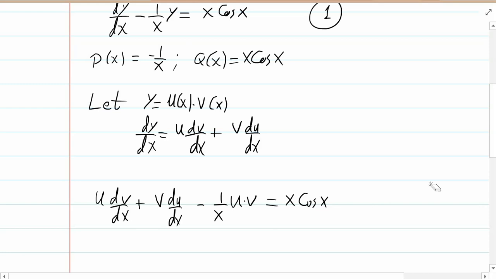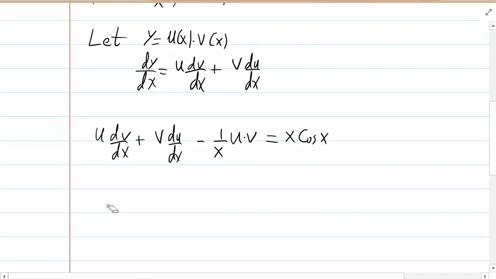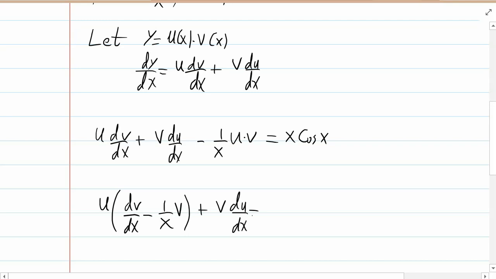The next thing we do is we factor out u. So that will be u times (dv over dx minus 1 over x times v) plus v du over dx equals x cosine x.